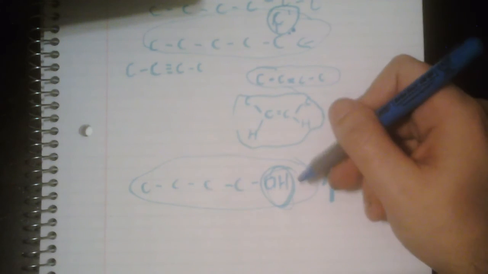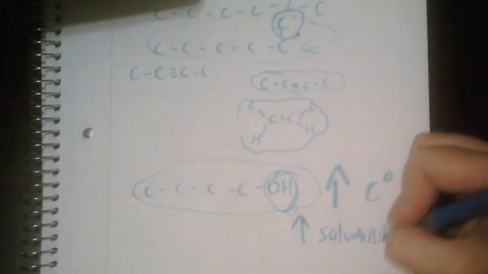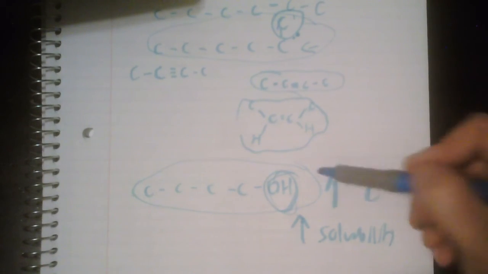Now, conversely, because OH is, if you want to think about it as half of water, alcohols also have way higher water solubility. Which means because this is polar and water is polar, the polar molecule is going to dissolve better in water.